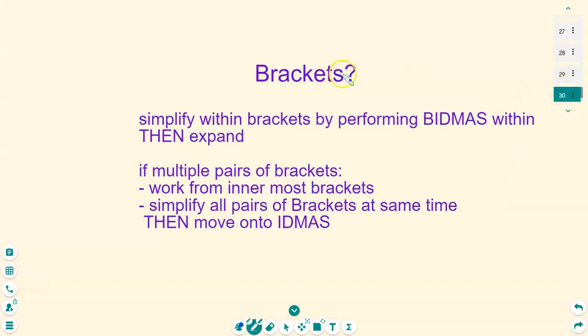And yeah, this is a little summary of what we did. So brackets, simplify within brackets by performing BIDMAS, then expand. I might just remove that bit. By performing BIDMAS within. If there's multiple pairs of brackets, work from the innermost brackets and simplify all pairs of brackets at the same time, and then just move on to there.